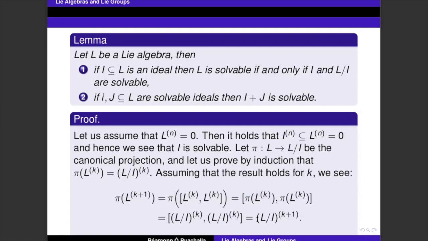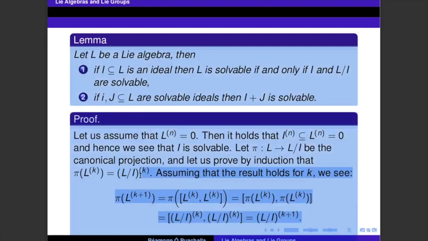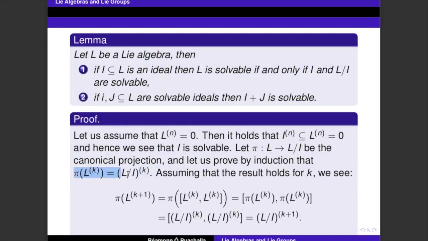Well, that's precisely this, by definition. And that's it. So we've shown that if it holds for k, then it holds for k plus 1, and hence by induction, it holds for all k. So that's good. We've now proved this. Okay, so let's use this.